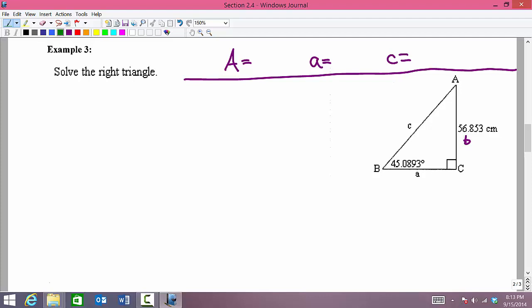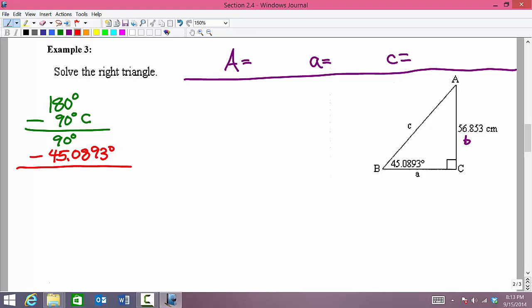And let's first find angle A. Since we know two angles, the third angle is very easy to find. So you can say 180 degrees, take away 90, that's for our angle C, we're left with 90. And now we can subtract off from that 45 degrees and a little bit more there.